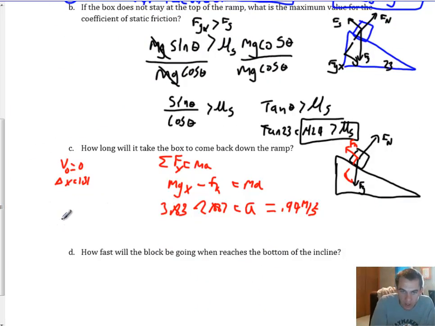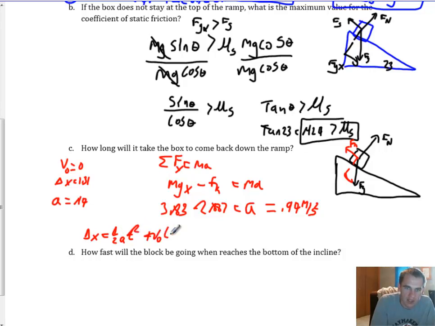I'm looking for a time, okay? And so the acceleration I'm going to rewrite over here is 0.94. And so if I want a time, let's see, I know an initial velocity, I know a change in position, I know an acceleration. Second kinematic equation says change in position equals 1/2 at squared plus v naught t.